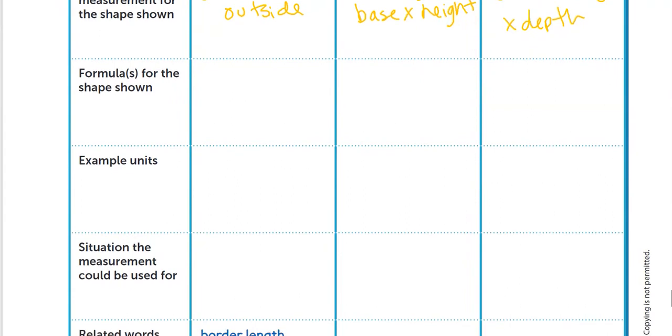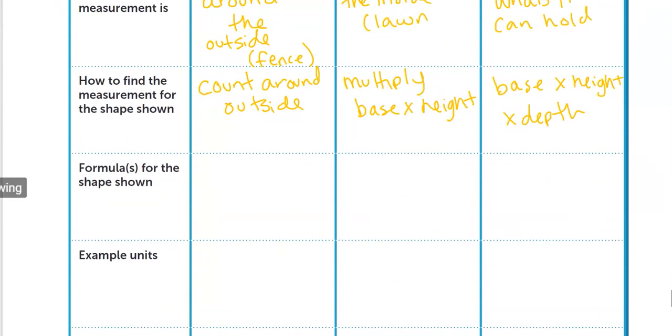The formulas. So the formula for perimeter is just side. Is that a formula though? That's not a formula. Let's make an actual formula. Well, for the shape shown, they're all the same because it's a square.